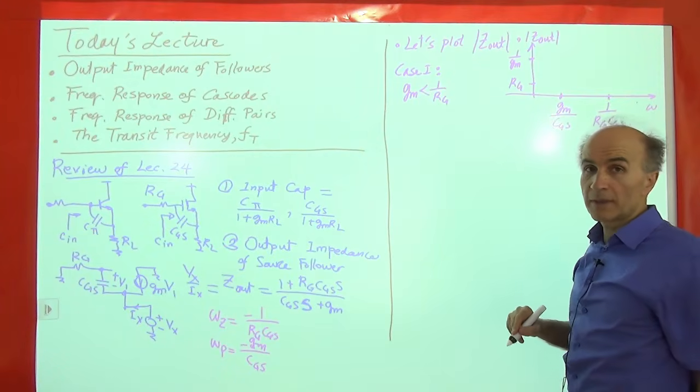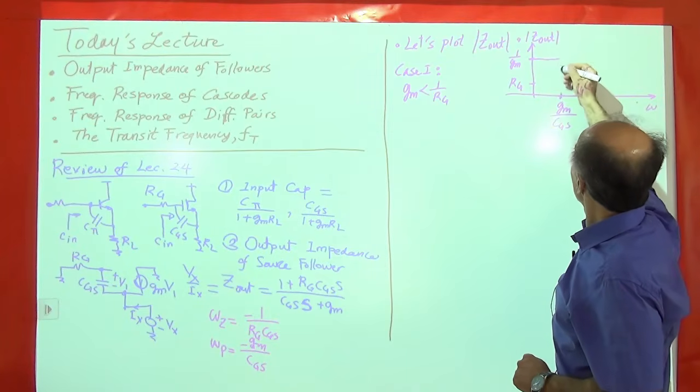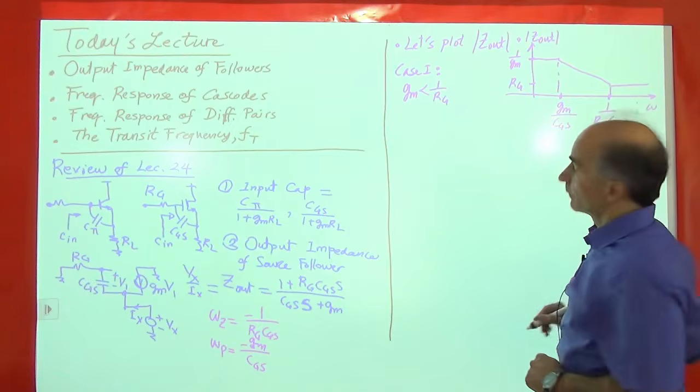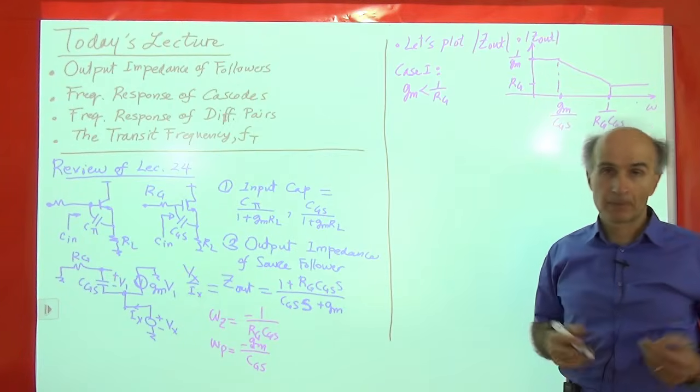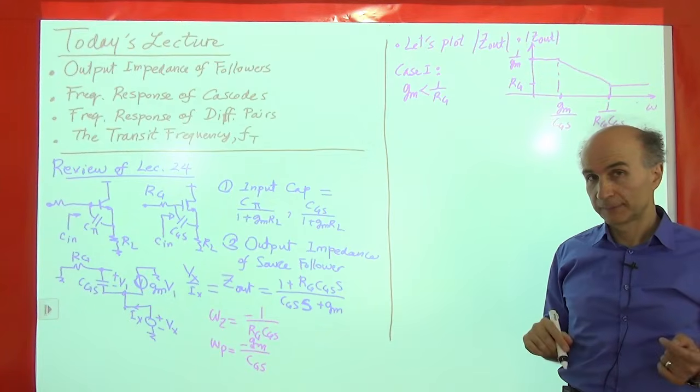So at low frequency, the output impedance is 1 over Gm. We reach the pole, we go down at 20 dB per decade, we reach the zero, we flatten out. So that's the response of the output impedance as a function of frequency.